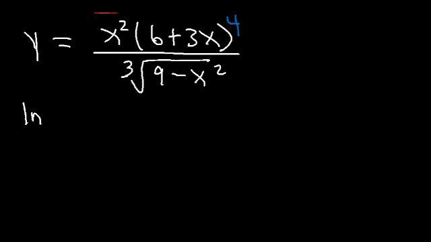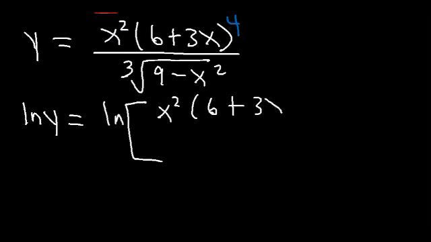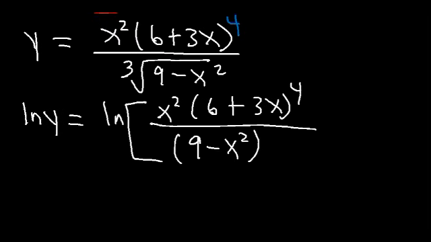Now let's take the natural log of both sides. Now instead of writing cube root of 9 minus x squared, I'm just going to write it as (9 minus x squared) raised to the 1/3. And now let's separate everything.